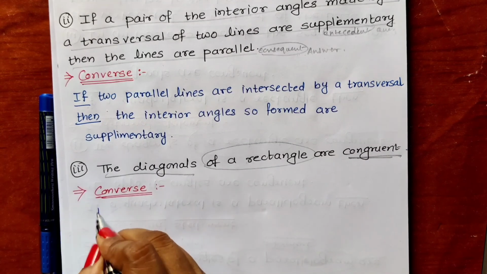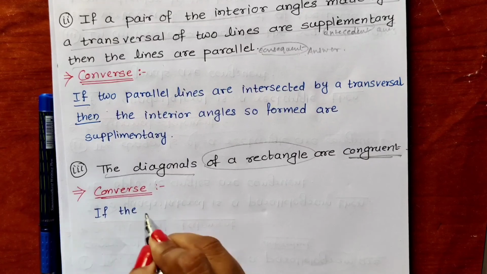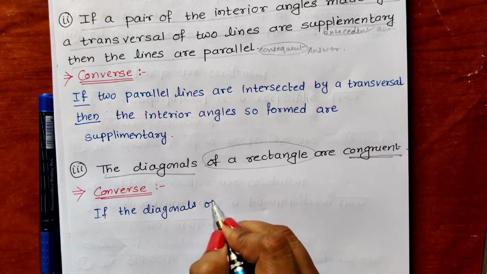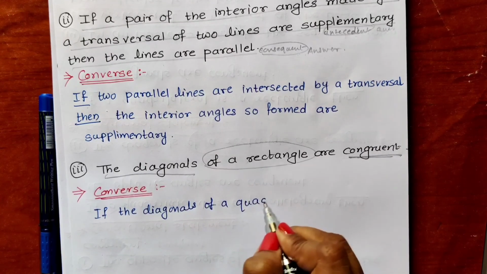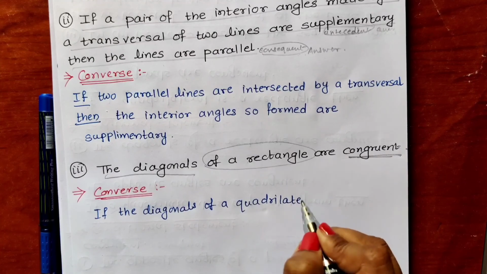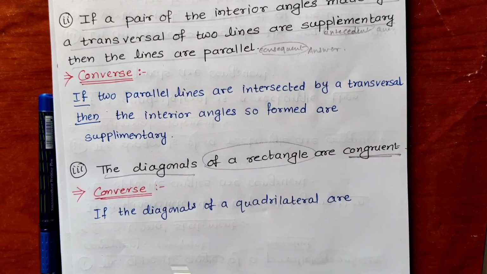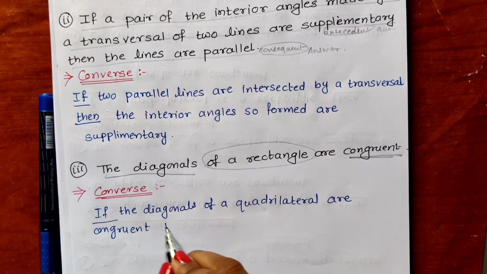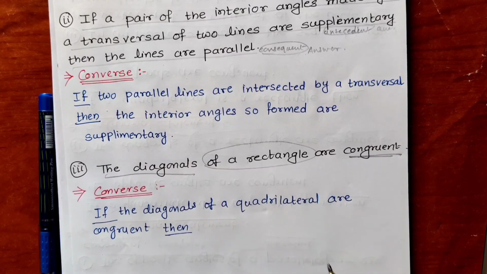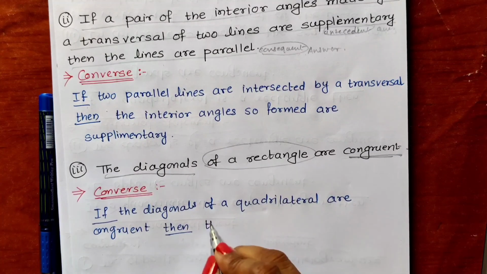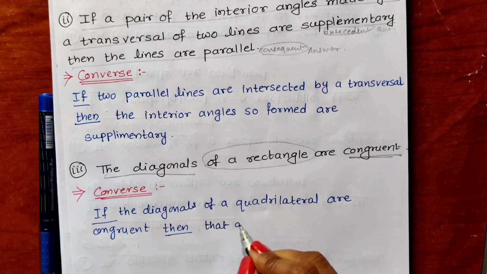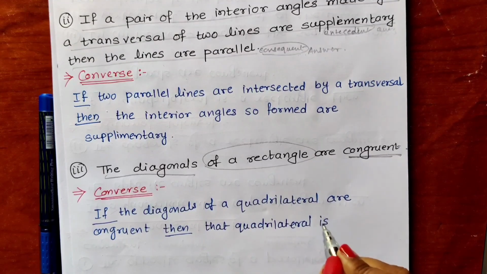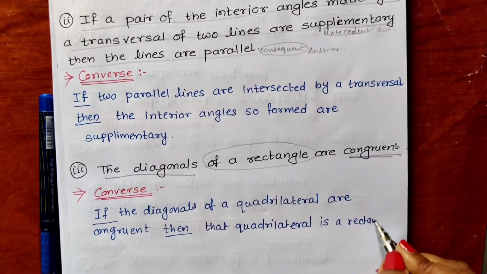If the diagonals of a quadrilateral are congruent, then what type of quadrilateral it is? Then the quadrilateral will be a rectangle. Then that quadrilateral is a rectangle. In this way you can interchange.